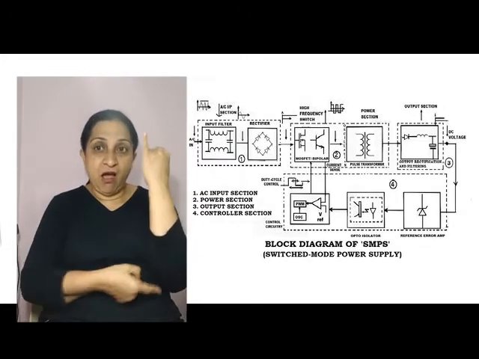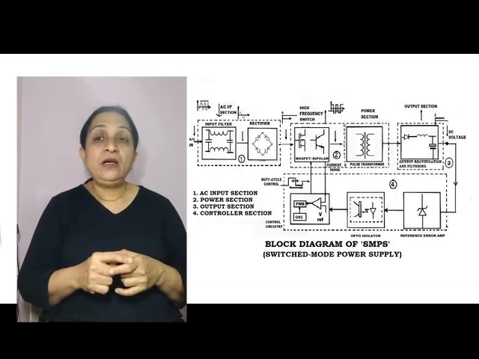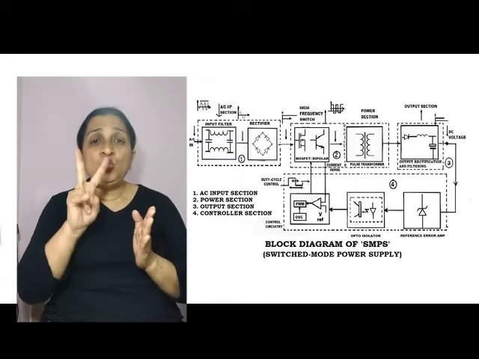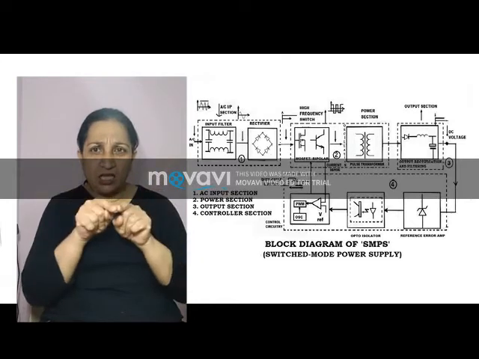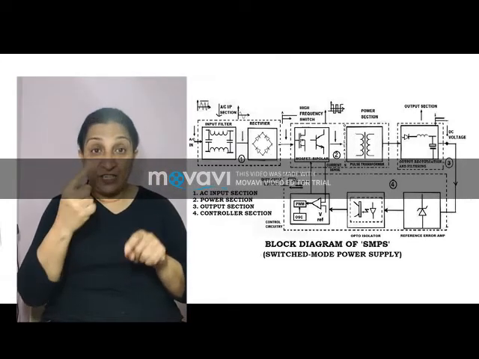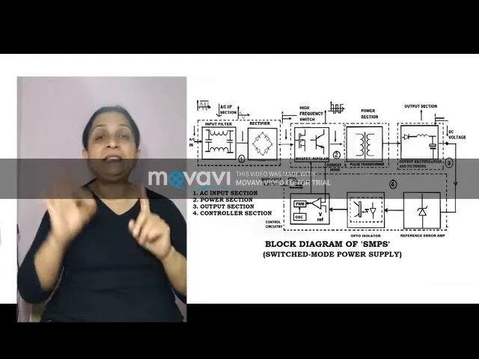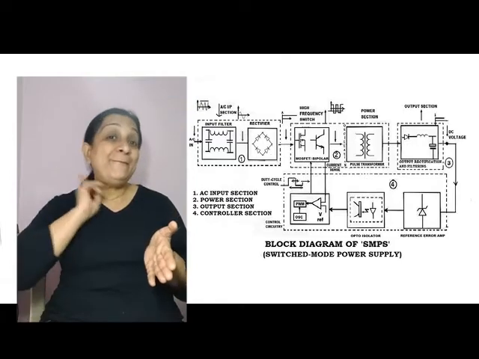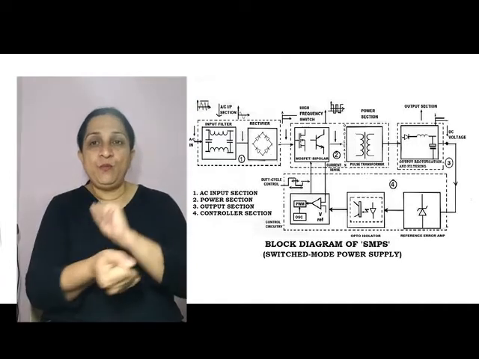Then you have the last, where you have to draw 2 small rectangles. Okay, in that the first one small on top is PWM or pulse width modulator.